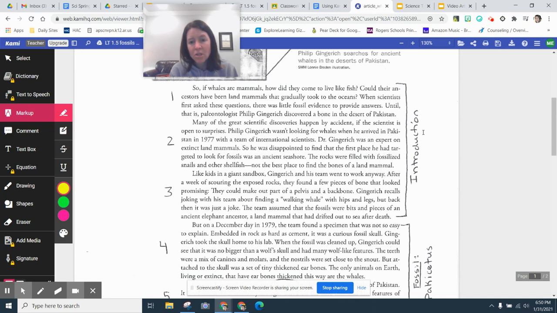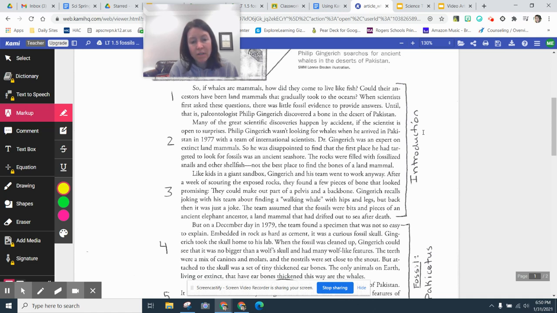Dr. Gingrich was an expert on extinct land mammals, so he was disappointed to find that the first place he had targeted to look for fossils was an ancient seashore. The rocks were filled with fossilized snails and other shellfish, not the best place to find the bones of a land mammal. Like kids in a giant sandbox, Gingrich and his team went to work anyway.